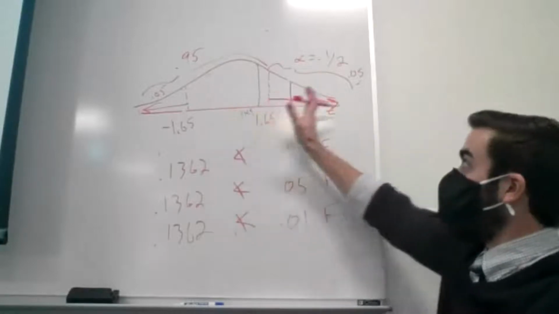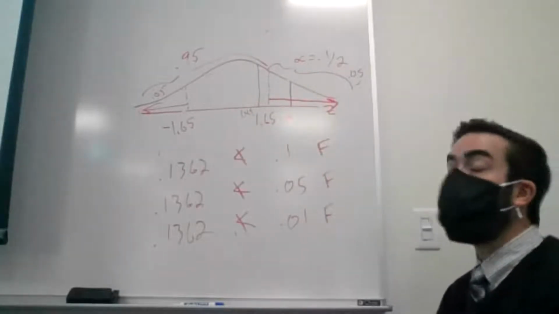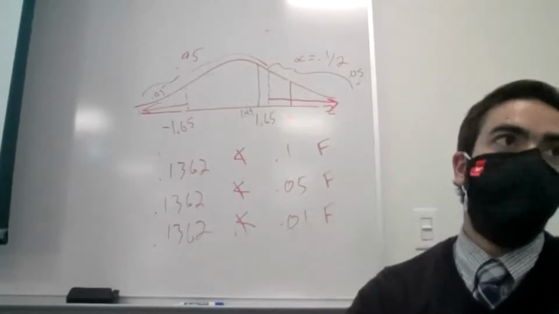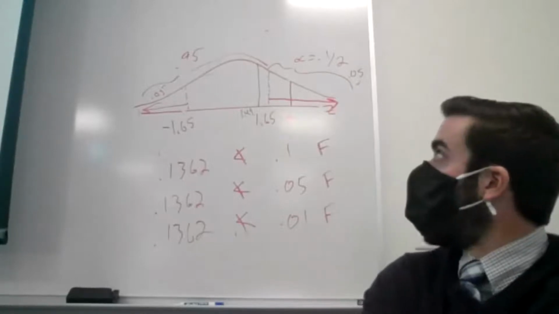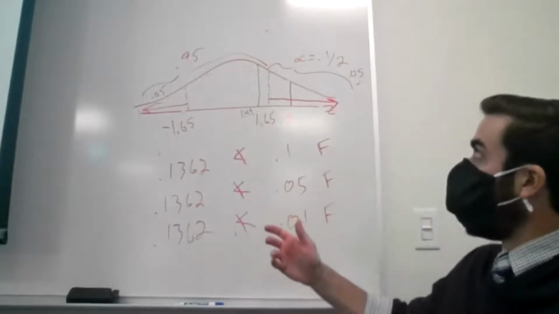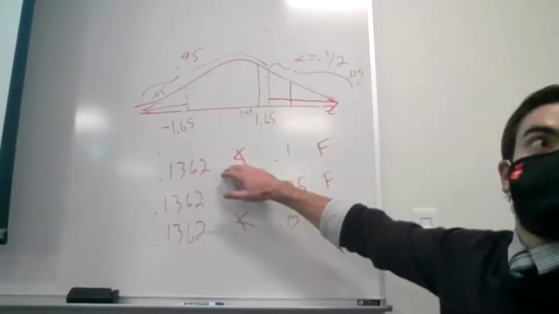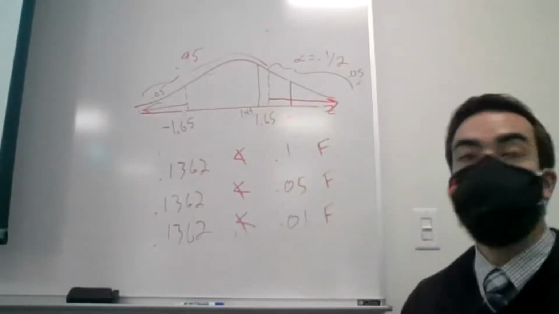Well, if it gets even larger, for sure my test statistic won't be in that rejection region, right? If I fail to reject with 90% confidence, I'm going to be failing to reject with 90, 95, and 99 as well. Okay? So I failed to reject at every level, although I'm not too far away from rejecting at that 10% significance level, and that's kind of what my p-value let me know as well.